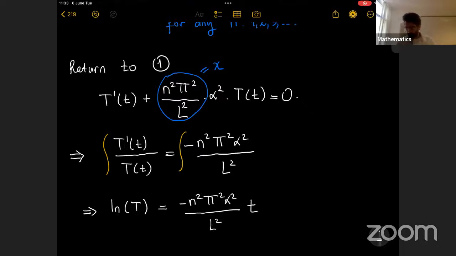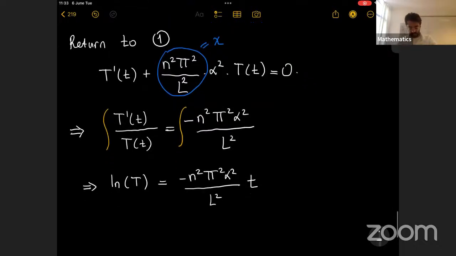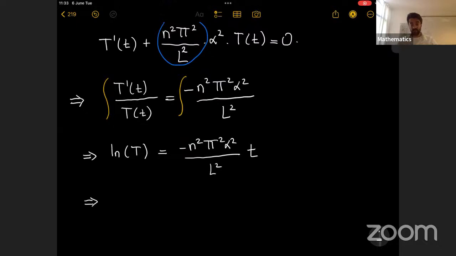We integrate with respect to t. So this implies simply, we take the exponential now, T is equal to e to the minus n square pi square alpha square over L square times t.